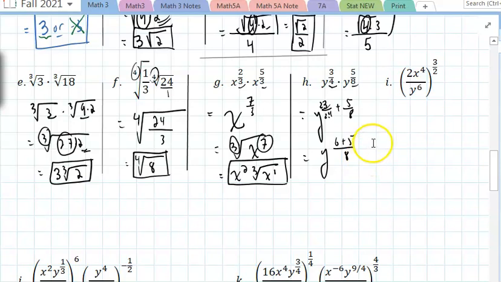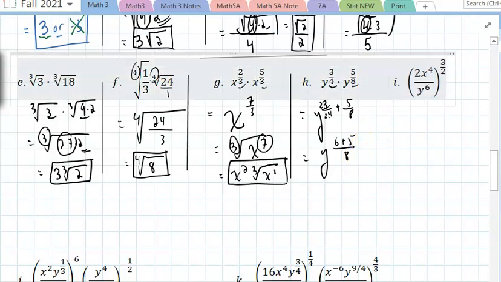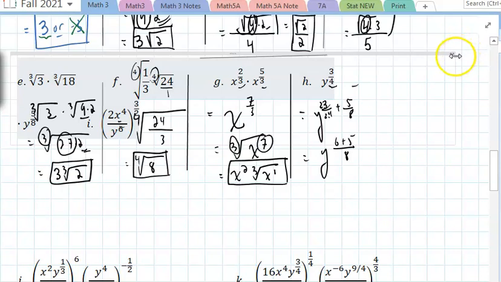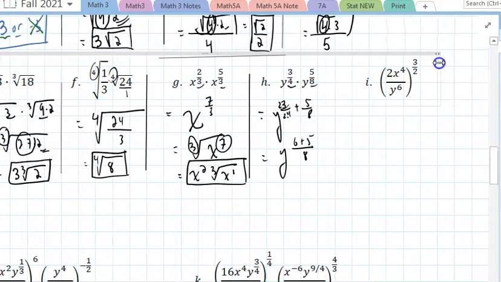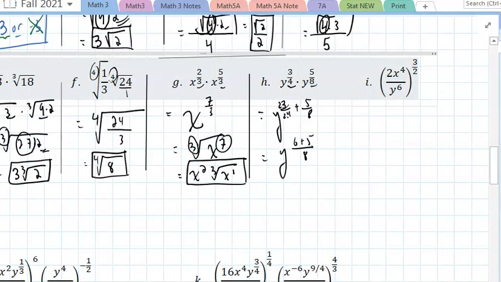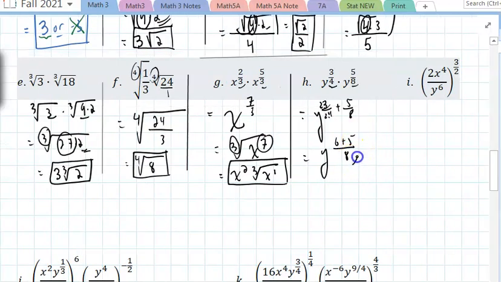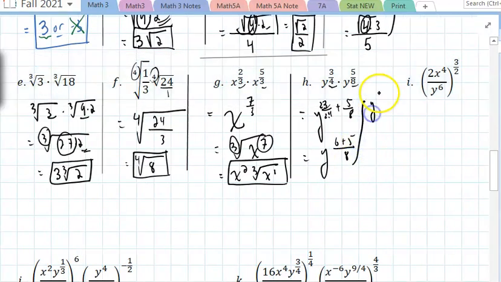So that is y to the 11 over 8. That is 8th root of y to the 11. So how many 8's are there in 11? 1. And what's the remainder? How many are left? If you divide 11 by 8, that's 1, and you have 3 left over.